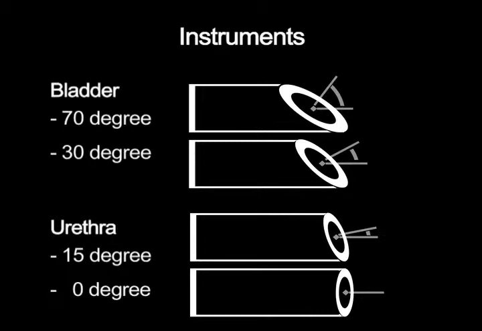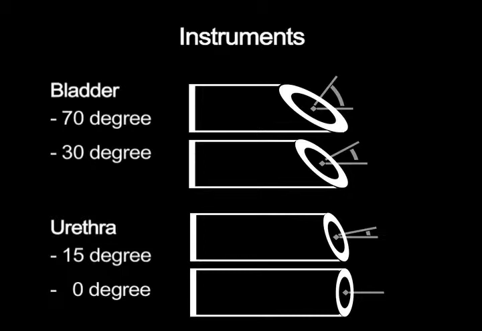A variety of different types of cystoscopes can typically be found in the operating room. To best examine the bladder, a 30-degree or 70-degree rigid cystoscope will offer the angles necessary to examine the bladder in its entirety. To examine the circumferential nature of the urethra, a 0-degree or 15-degree cystoscope is best utilized.